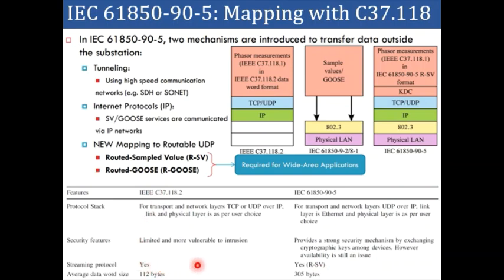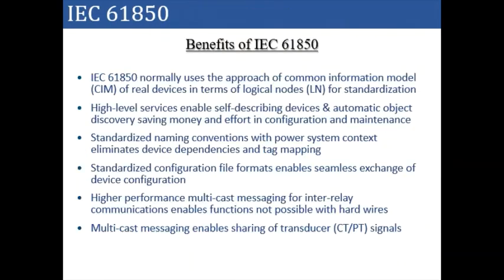Here the streaming is done as usual, while in case of IEC 61850-90-5, we utilize routable sampled value or routable GOOSE for the data communication. Now, average data word size in case of IEEE C37.118 is 112 bytes, while in case of 61850-90-5, the size of the data word increased to 305 bytes.